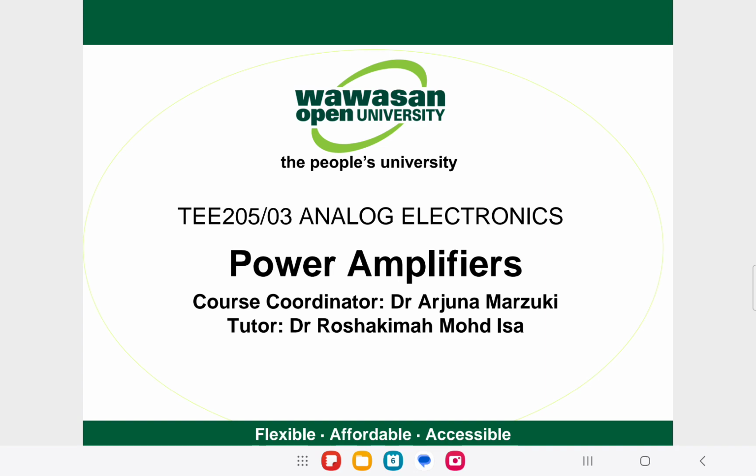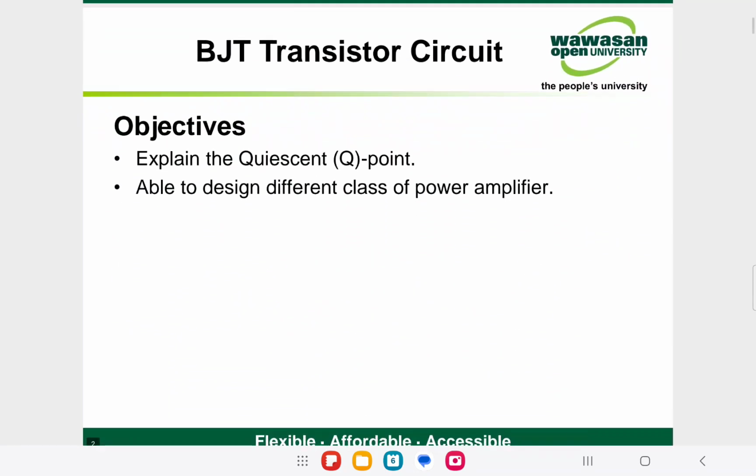on power amplifiers. We have a few subtopics that we will discuss today. For the objective, we will go for the quiescent Q point, and also we will discuss a few different classes of power amplifier: class A, class B, class AB, and class C power amplifier.